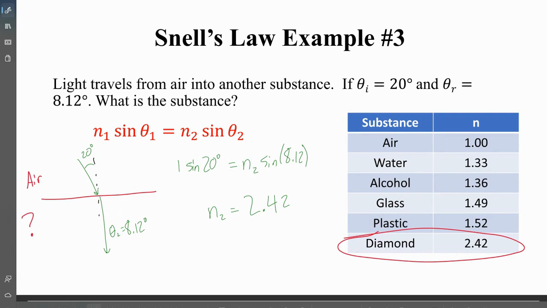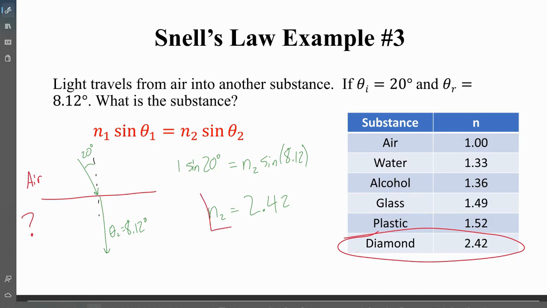That's one way that you can identify an unknown material. You can put in a known angle of incidence from a known substance, measure the angle out, and then you can find out what the index of refraction is. That's one way we can help ourselves learn what substance something is.